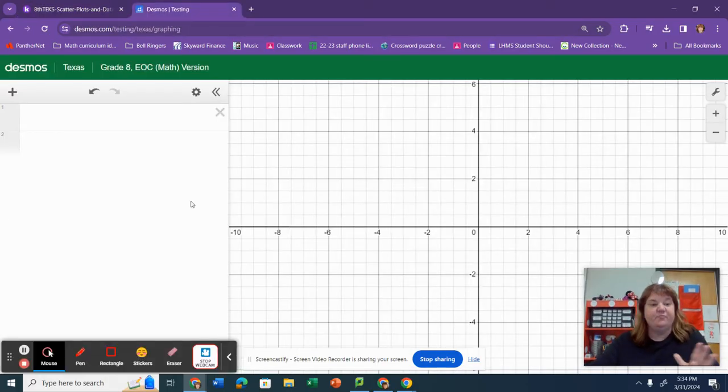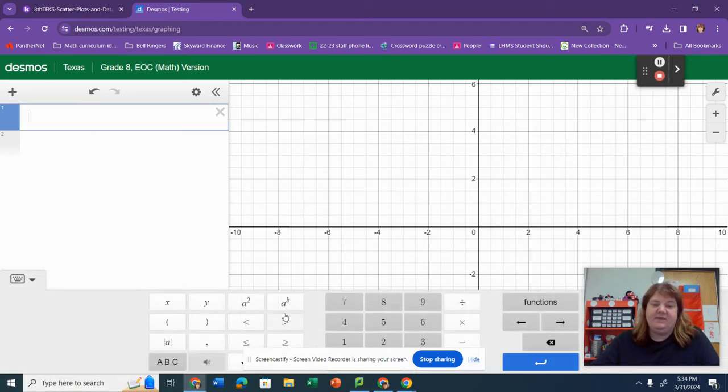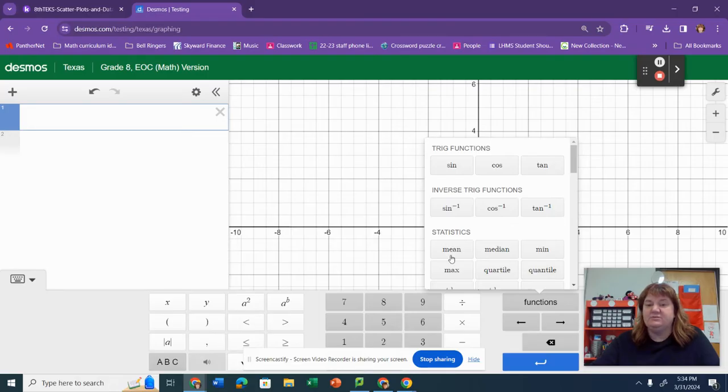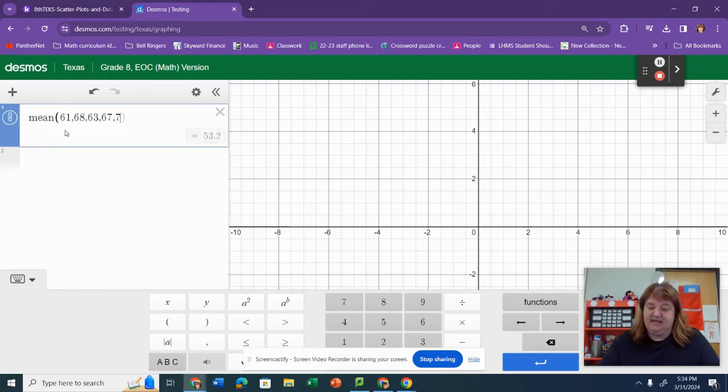Find the mean. Again, I've showed you guys, come to this page, pop up the calculator, go to mean, and pop in your points. So our points are 61, 68, 63, 67, 70, 62, and 64.